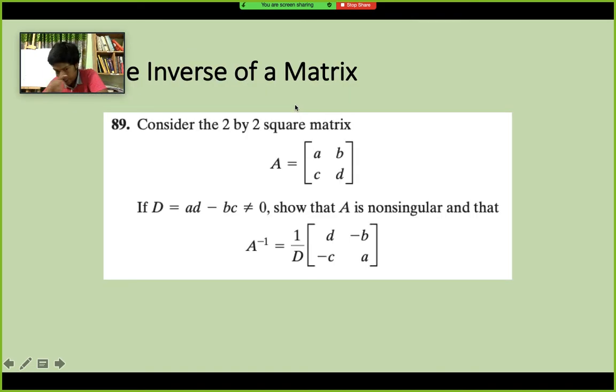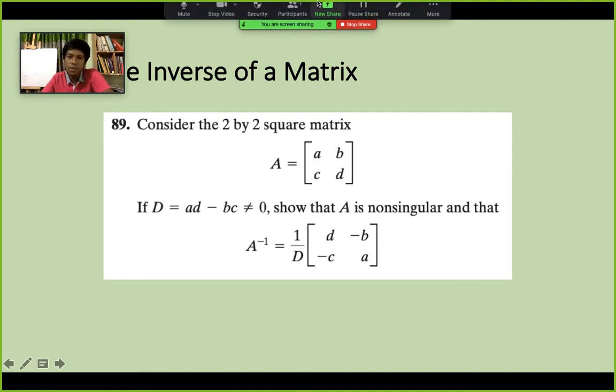So for a 2 into 2 matrix, there is a direct shortcut method for finding the inverse, which is this formula. If your matrix is A, B, C, D, then you can use this formula: first 1 divided by D, D means AD minus BC, then D, minus B, and so on.